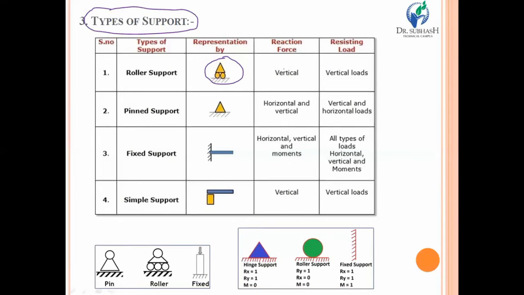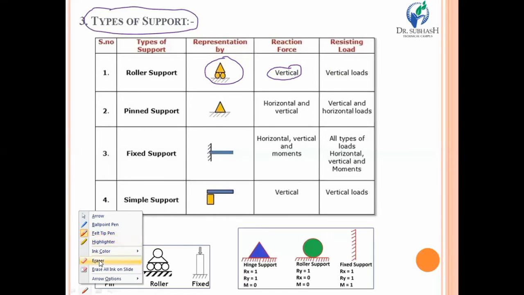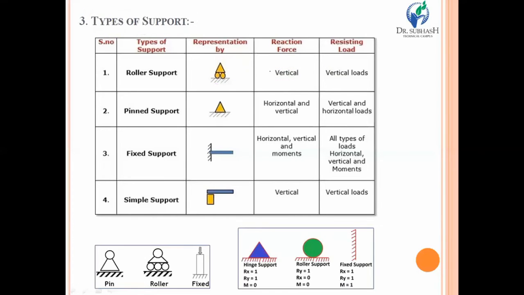So definitely the reaction force will be acting in the vertical direction. So we can say that the vertical reaction is possible in case of roller support, and the resisting load is also in the vertical direction.